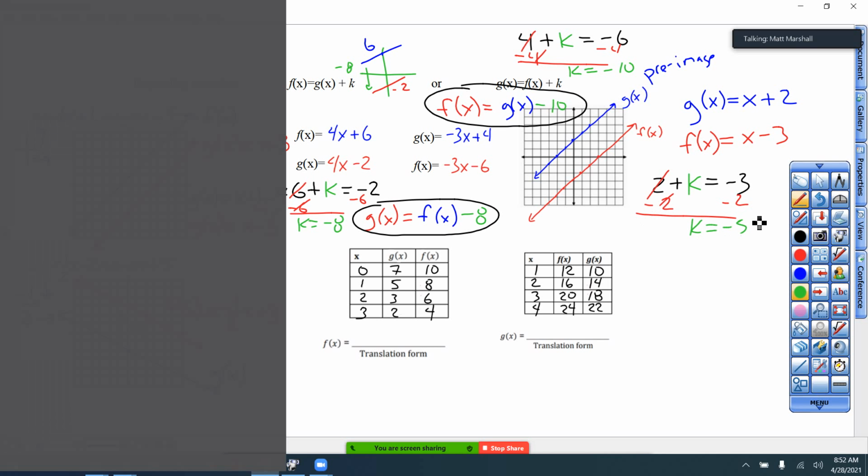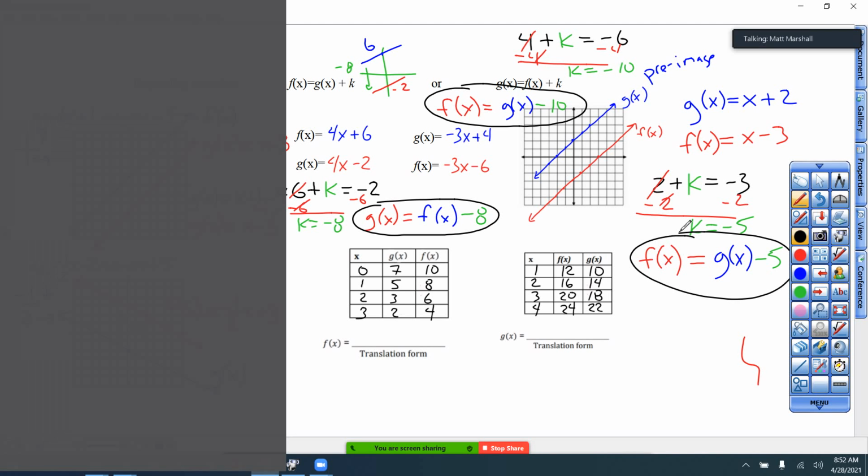But that's not all that I want. I want the transformation equation. It always involves the second one, equal to whatever one I listed first, minus that 5. Order matters greatly. What you put here matters greatly.